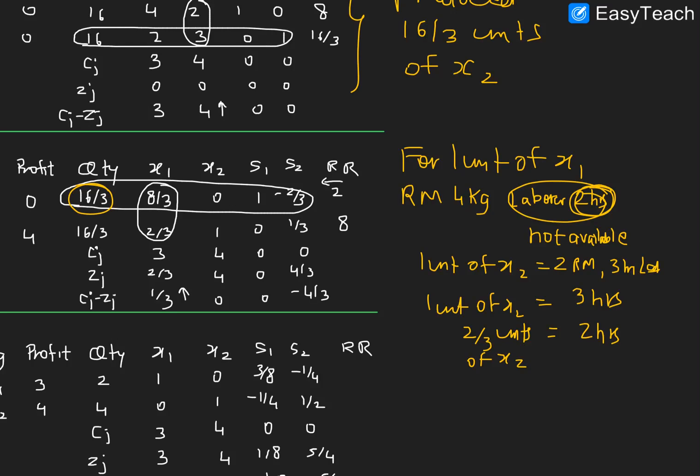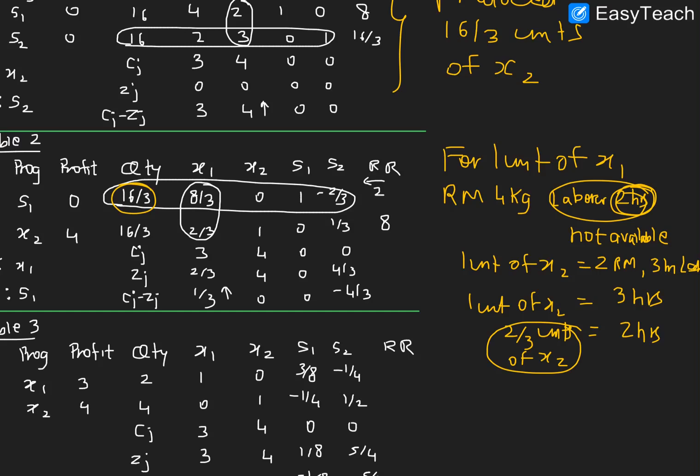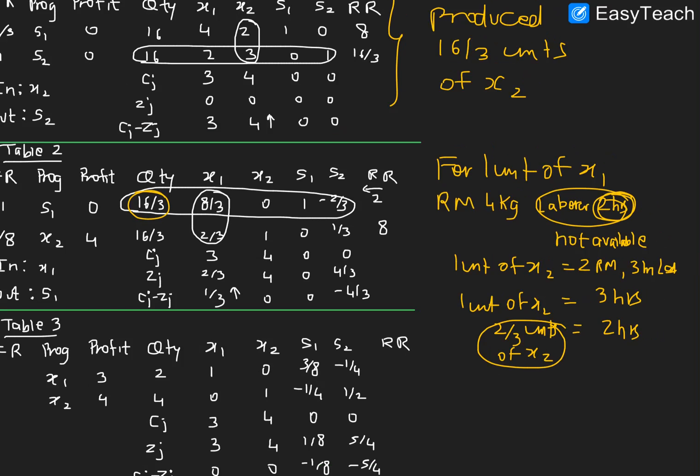So that's where we say I need to sacrifice this 2 by 3 units of x2 to get 1 unit of x1, because I need labor to be released from there, and then only we can produce x1. So you need to sacrifice 2 by 3 units of x2 to get 1 unit of x1 because of the requirement of labor hours.